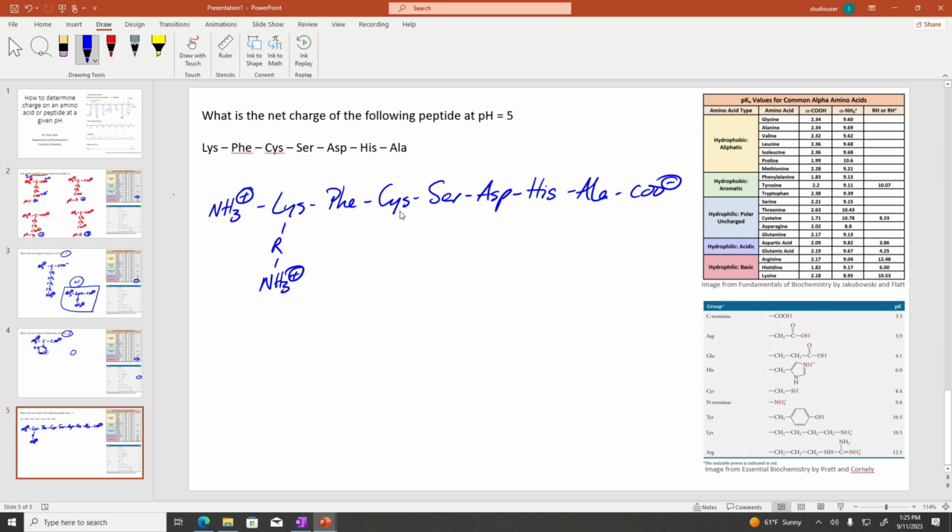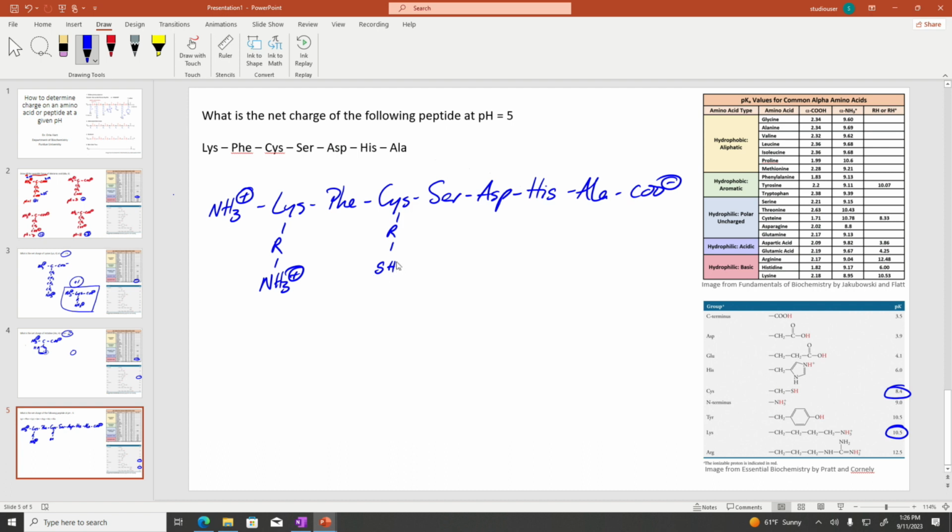Okay, so cysteine is going to be up next, and this has an R group that has a thiol on it, and let's highlight my pKa's here. Cysteine is 8.4, and so that pKa of this group is well above my pH of 5, so this will be protonated.